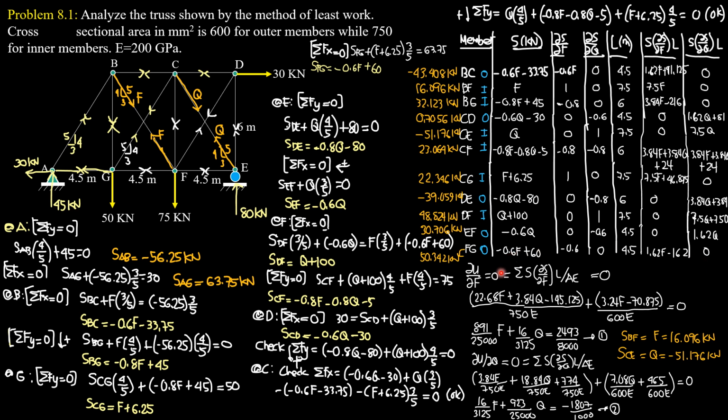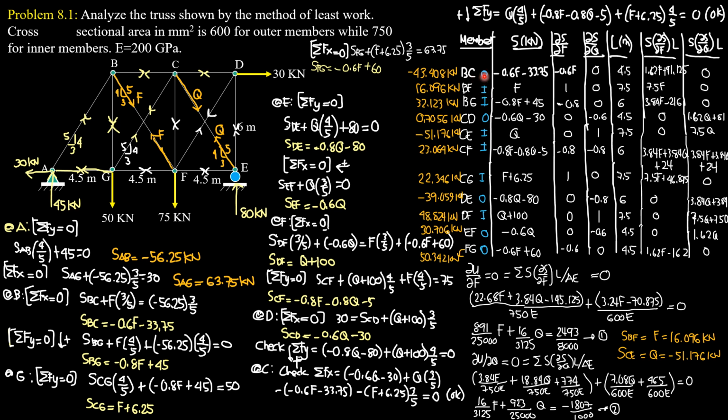So we now set up partial of U with respect to F, which is the relative displacement of BF, which is 0, and this is the summation of S, partial of S with respect to F times length over AE, equals 0. So we add this part and equate it to 0, but we cannot simply add. We have to indicate, because the area of the outer members is different from the cross-sectional area of the inner members.